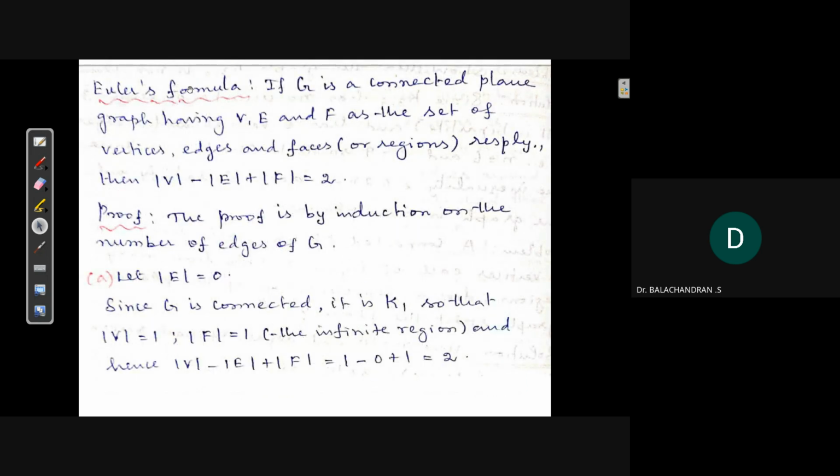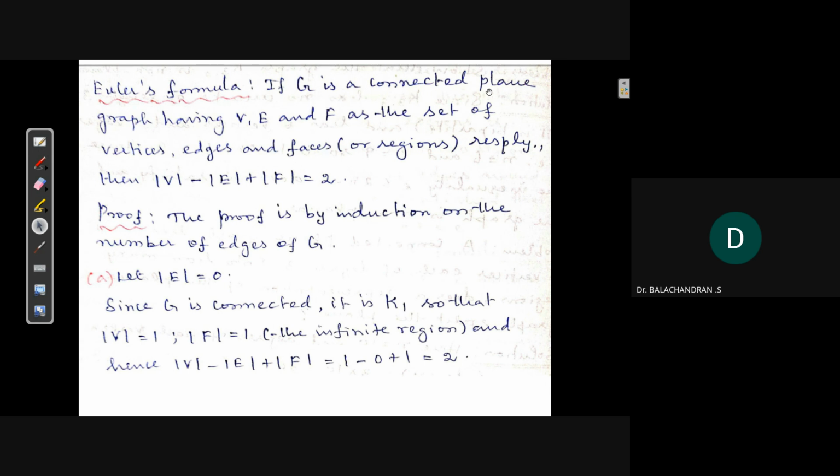Okay, now we will discuss this Euler formula, and then the remaining things we'll discuss in the next lecture videos. Usually they will ask a question like this: state and prove Euler's formula for a planar graph. So you should remember the statement.